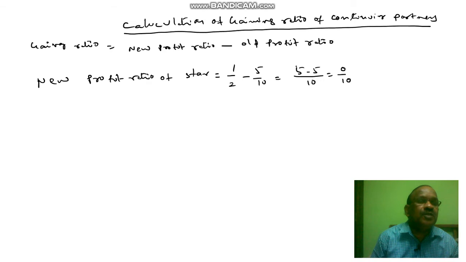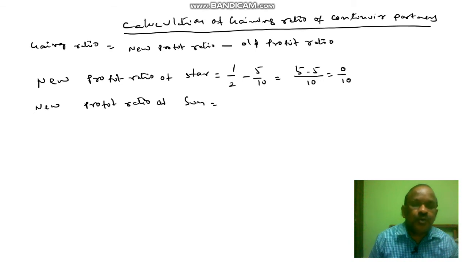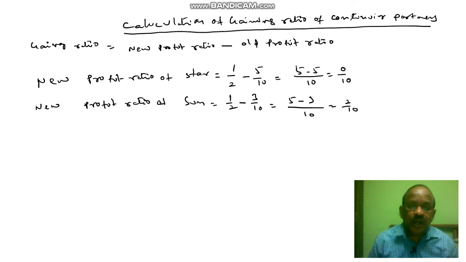Next, the new profit ratio of Sun is equal to 1/2 minus 3/10, which is 5 minus 3 over 10, equal to 2/10.